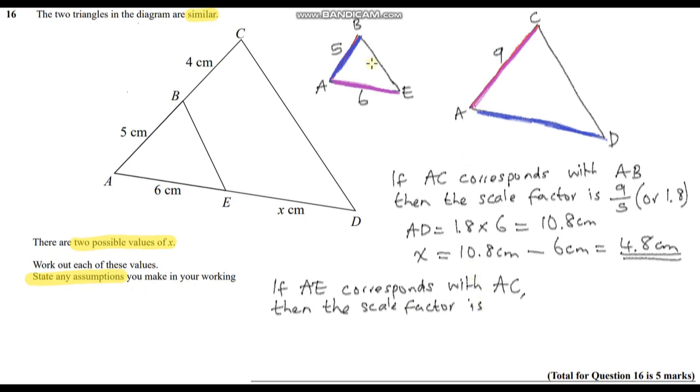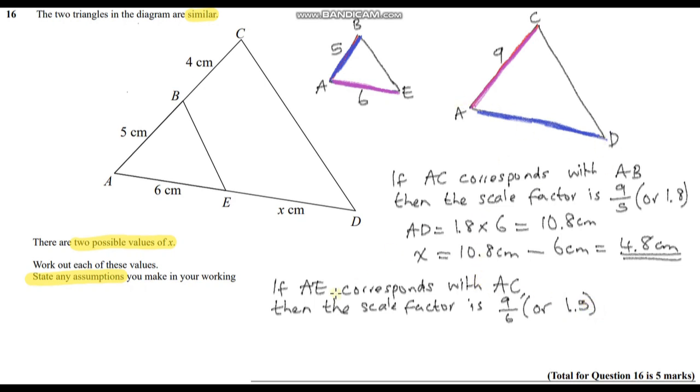We're saying that AE corresponds with AC. So how many times bigger is AC compared to AE? Well, it's 9 over 6, or 1.5. So now our scale factor is 1.5.